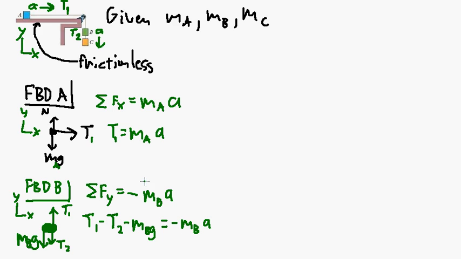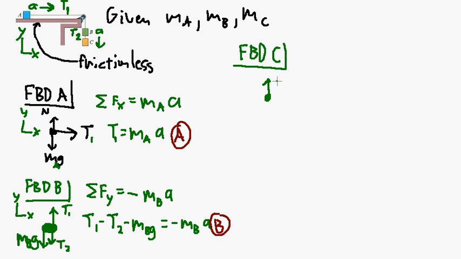Let's hold on to that for a moment. I'm going to call this equation A and this equation B, and then let's do the free body diagram for block C. You have tension in cable 2 pulling up, and the mass of C times G pulling down.